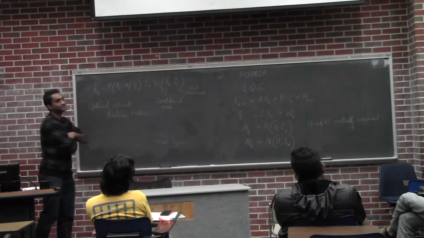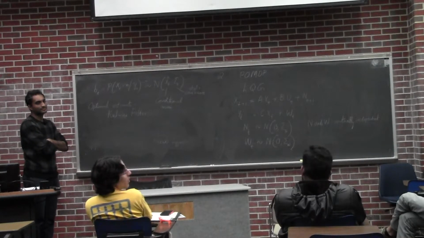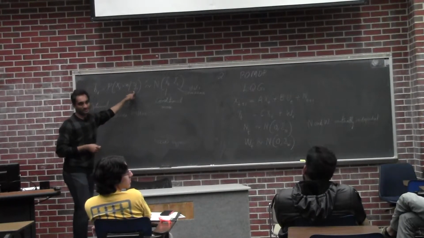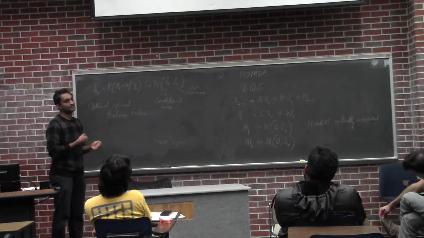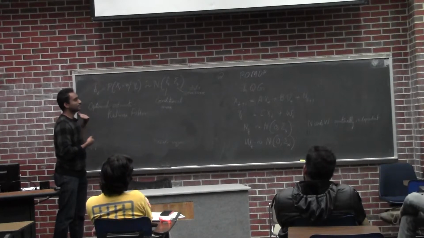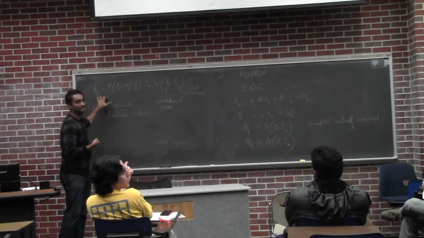Yes. You observe a y. The belief state is the probability. You observe all the y's. You remember all of them. That's why you have a script y here, and not just y. No, it's a PDF.